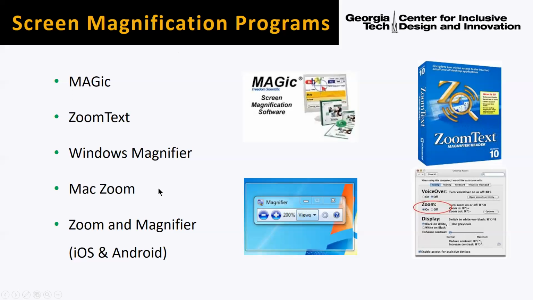The Mac Zoom, this is the only zoom magnification application that's available for the Mac. It's built into the Mac, the Apple operating system. Again, it's a fairly powerful zoom magnification program, but not nearly as powerful as Magic or ZoomText. And then Zoom and Magnifier, you all have access to this on your smartphones, whether it's the iOS platform or Android.